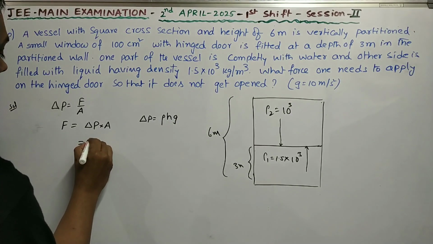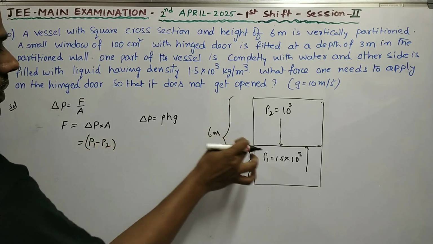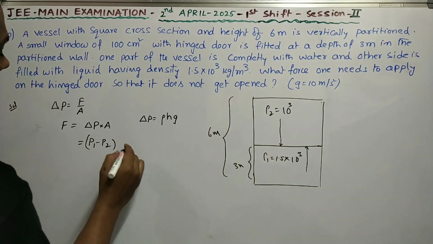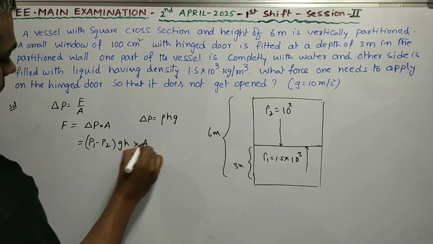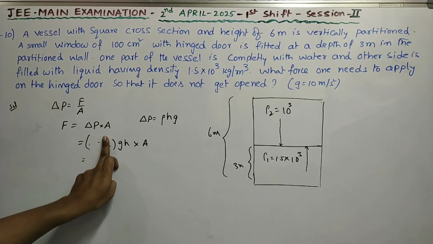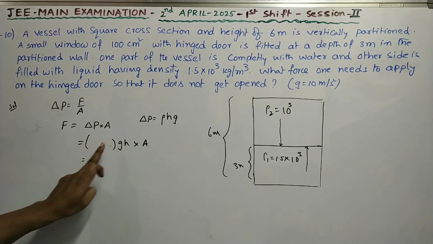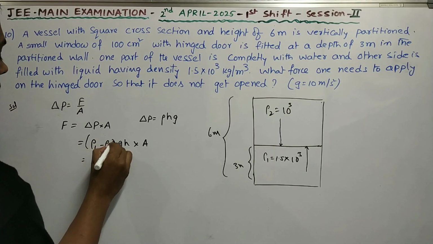Here delta P is equal to P1 minus P2, so F is (rho 1 minus rho 2) into g into h into A, where pressure is rho g h. It is the density of the liquid minus the density of water.